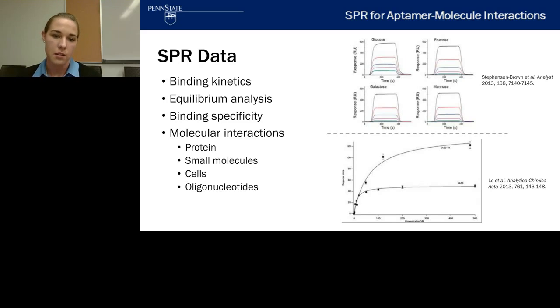And we can look at many different types of molecular interactions, such as the interactions between proteins and small molecules, cells, artificial membranes, and oligonucleotides. So our lab specifically looks at oligonucleotide interactions, either with other oligonucleotides or in some cases proteins.